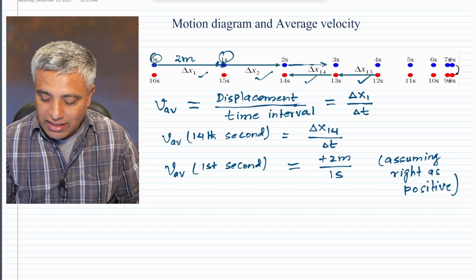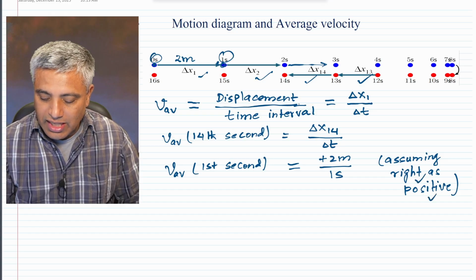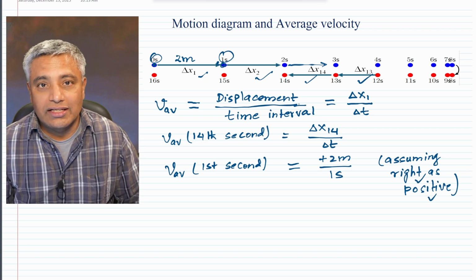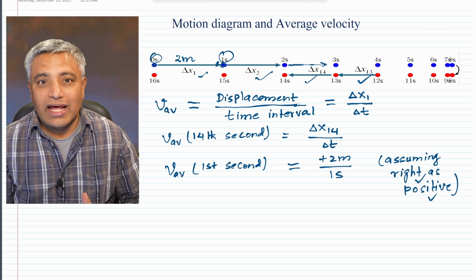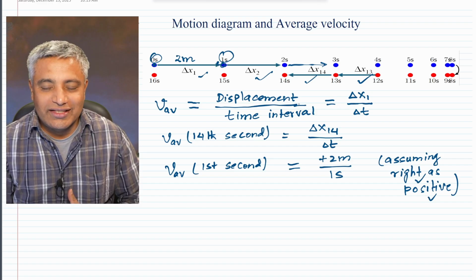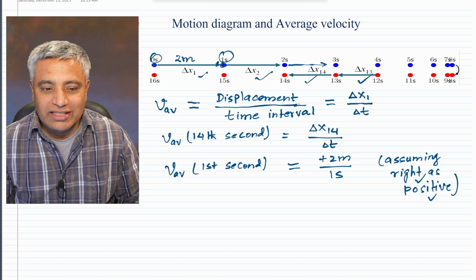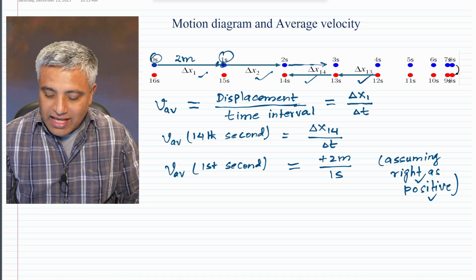Since we are assuming positive is right, I can also read this as 2 meters to the right. But since I cannot write the physical direction in the equation, I am replacing that with the positive sign. Okay, so that's the average velocity.